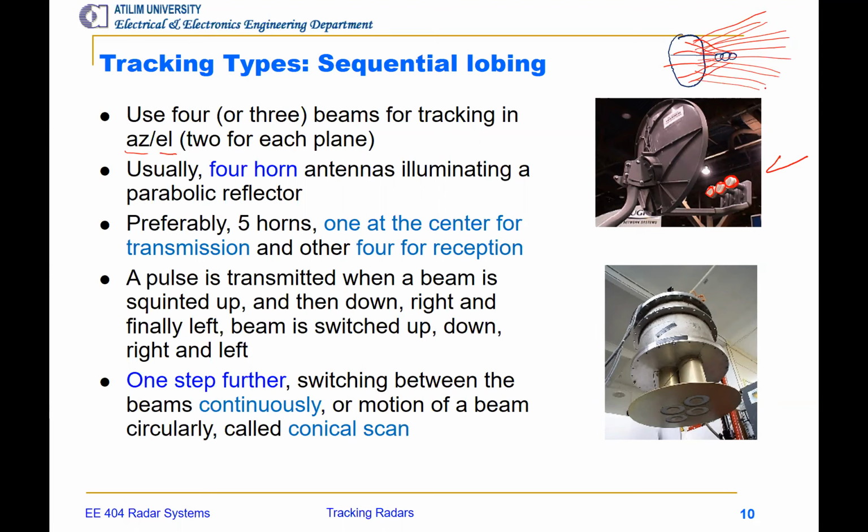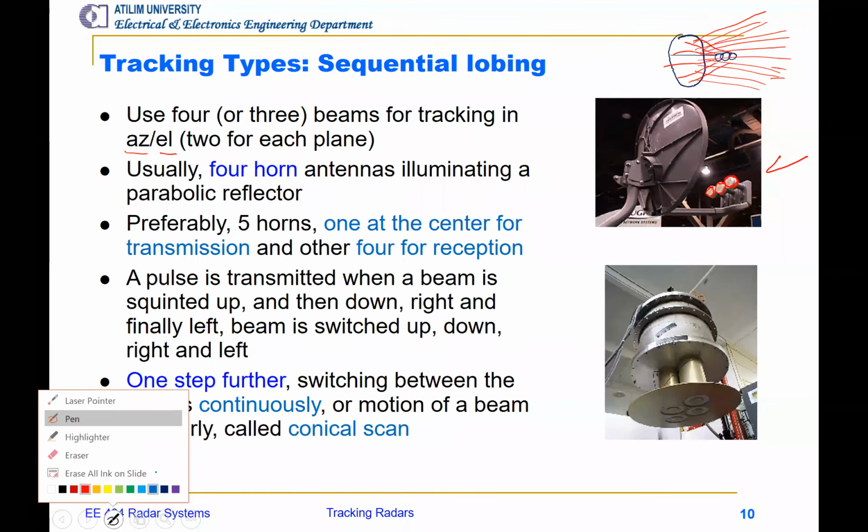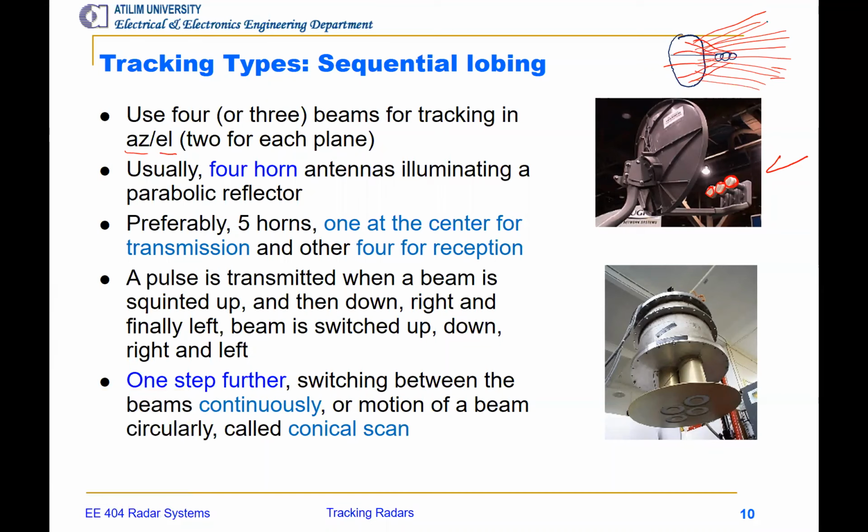So each horn will emit equal signal, actually the same signal, but due to the position of the feeder, there are 3 beams created. Okay, so beam 1, 2, and 3.